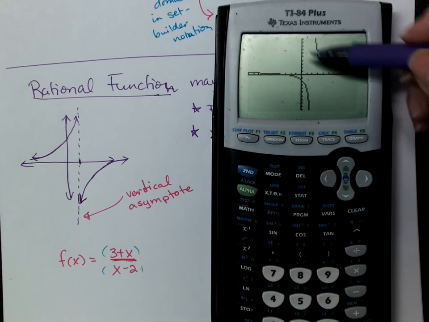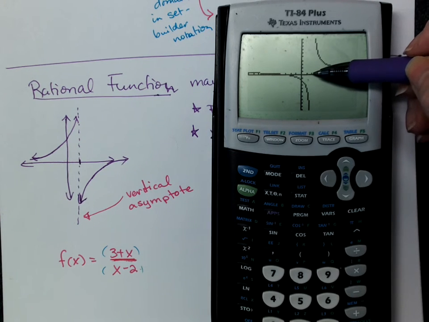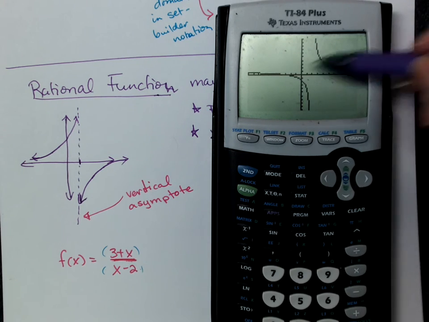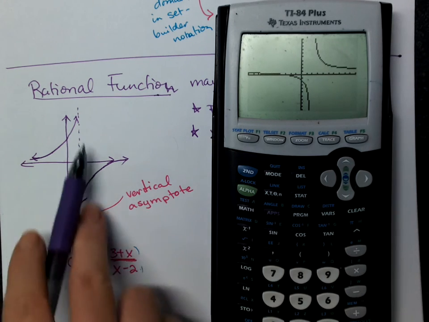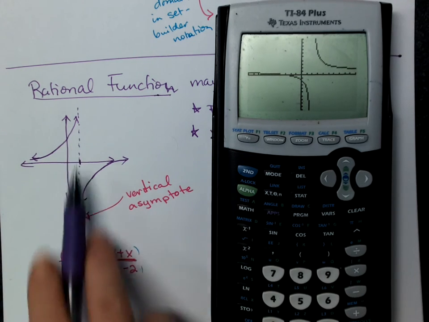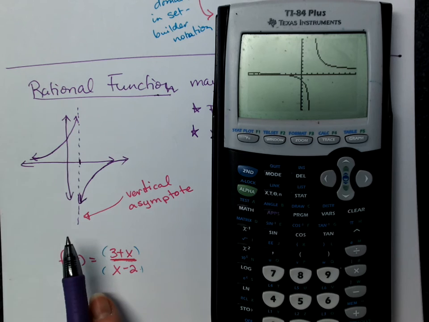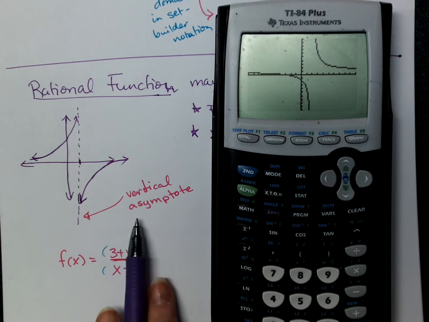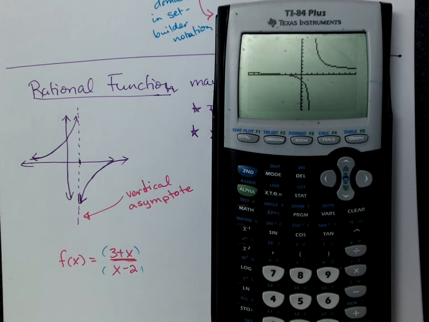So when we say x can't be 2, what we're saying is that there is a vertical line, x equals 2, that the graph will never touch. That dashed line right there is the line x equals 2. It forms the vertical asymptote, which is not part of the graph. It shows you what the graph will never touch.